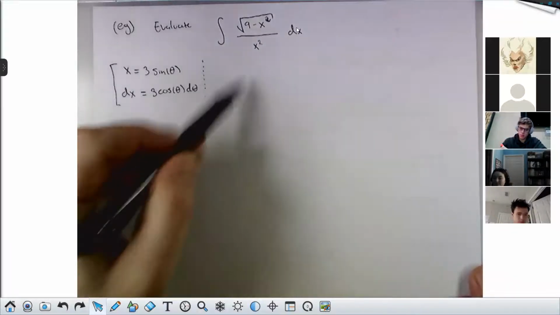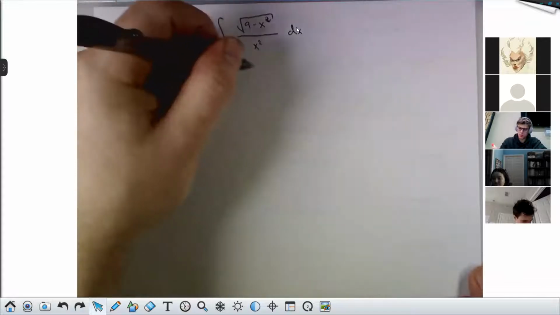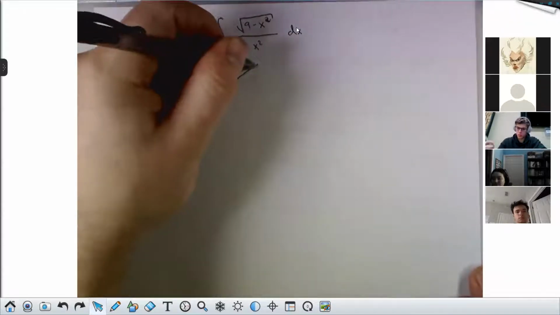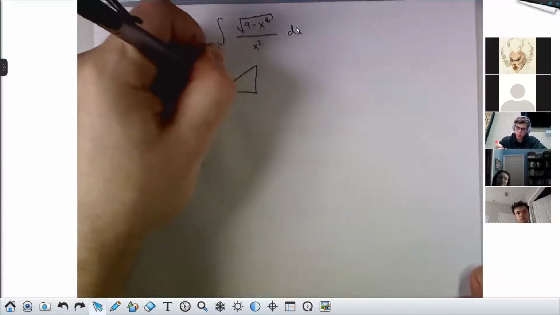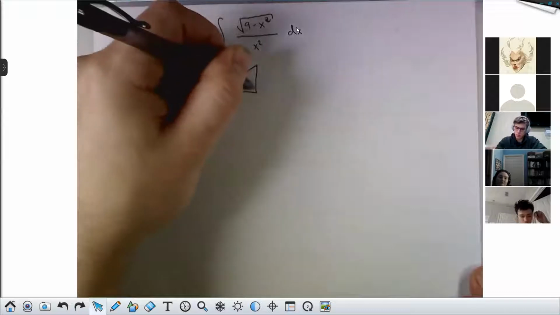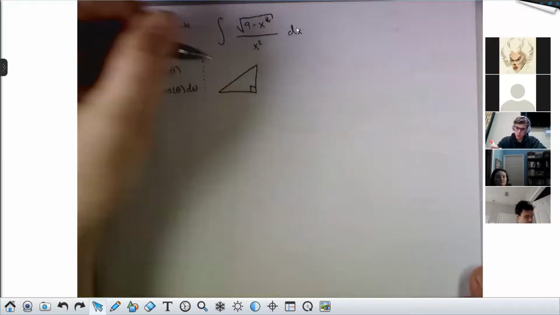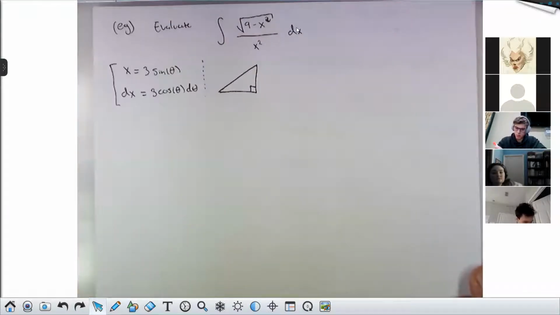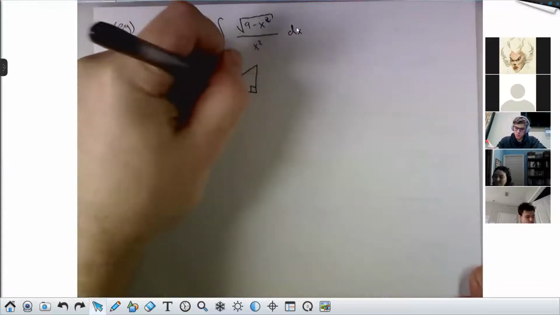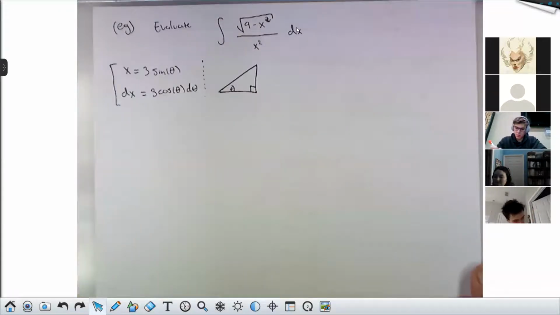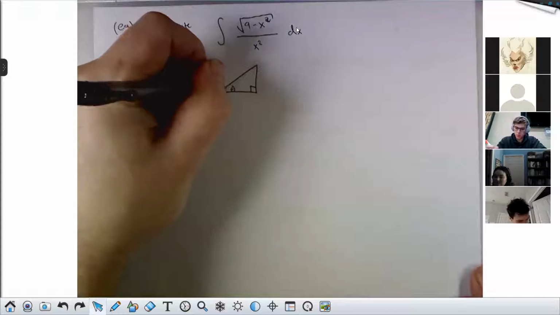The other thing that I'm going to put in my substitution box is a little triangle. A little right angle triangle that I'm going to cook up from SOHCAHTOA, which will allow me to go back and forth from theta stuff to x stuff, which I'll need to do at the end. So little right angle triangle, the angle down here, I'm going to label as theta.